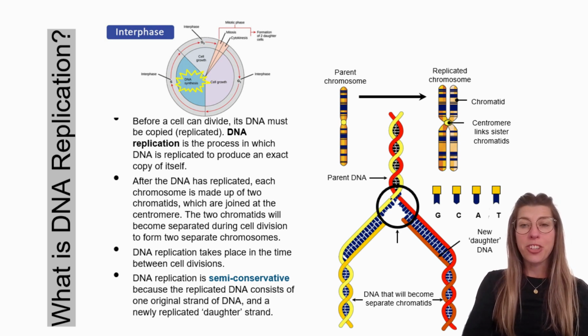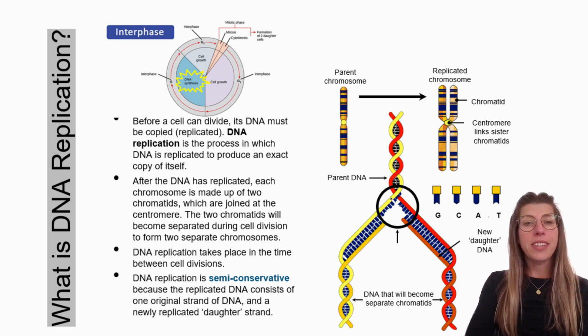So DNA replication takes place in the time between cell divisions, as you can see on that cell cycle up there. And this replication process is called semi-conservative because the replicated DNA consists of 1 original strand of DNA. It retains that 1 original strand, and it also keeps that newly replicated, they call it the daughter strand.